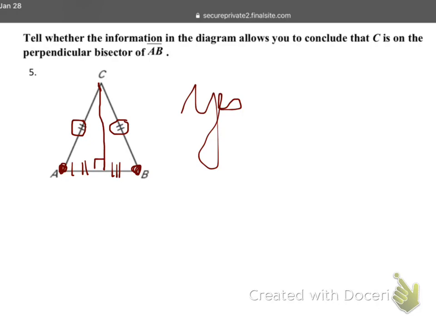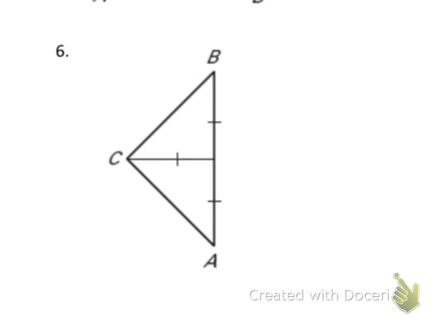Alright, we're going to do the same approach to question 6. Alright, here is question 6. And they want to know, does the diagram allow you to conclude that point C, right here, lies on the perpendicular bisector of AB?